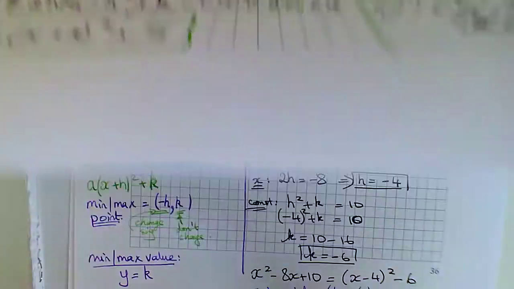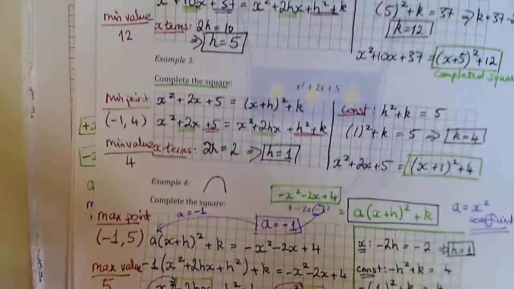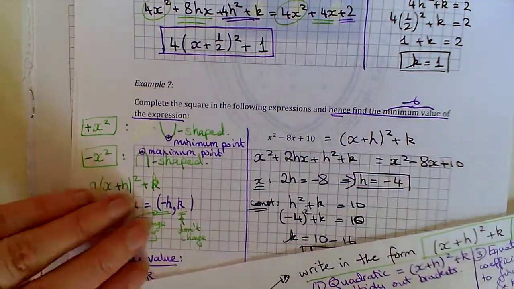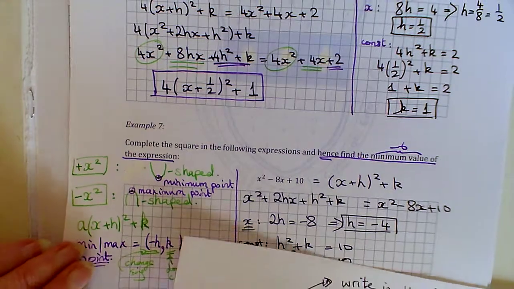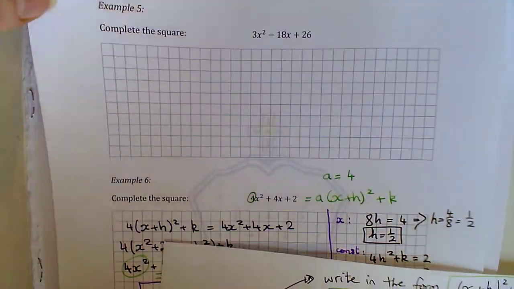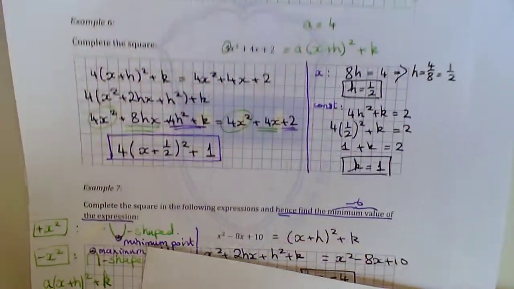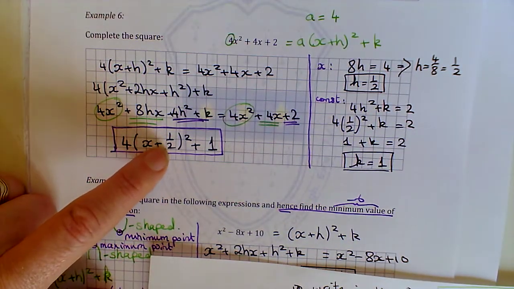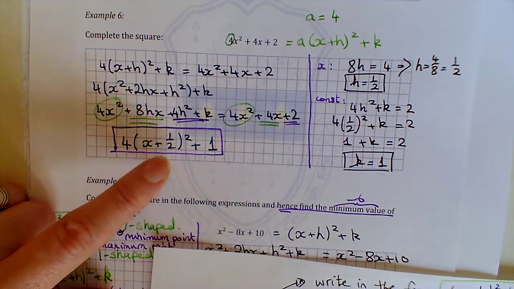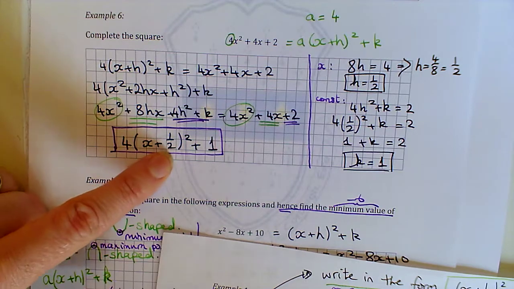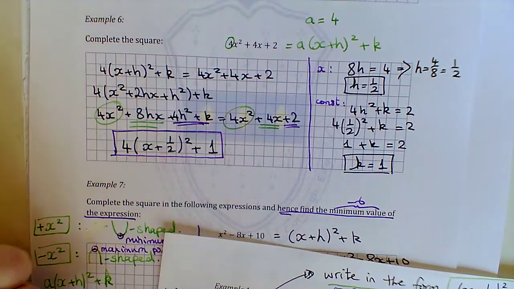Okay, and I'll ask you to maybe do the same thing for example 5 and example 6 by yourselves, because I ended up with a new sheet, and see this one here, for example, we have a fraction for our minimum point, but the minimum value is still just 1.